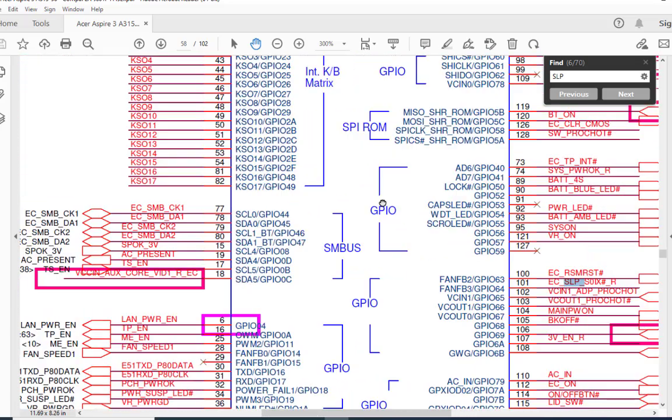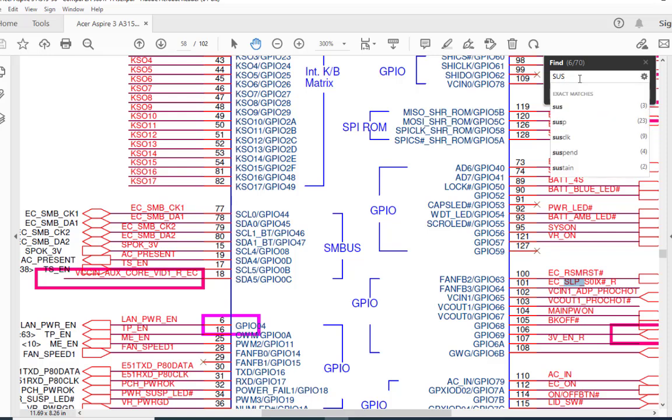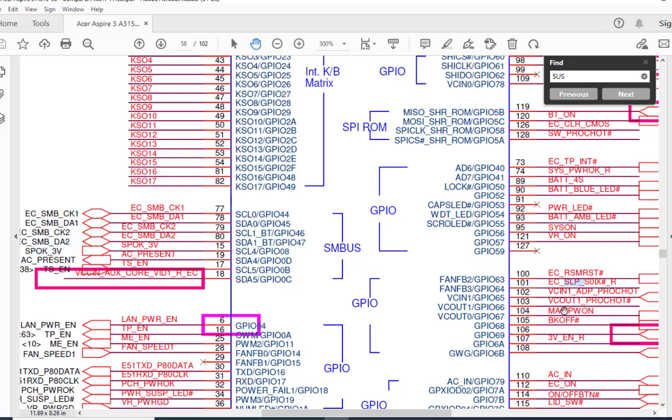SLP_S3 and SLP_S4 signals are not mentioned here. Sometimes it's written SUSB and SUSC. We'll see, SUSB is there, SUSC or SUSB, SUS, SUSP, SUS signals are there.